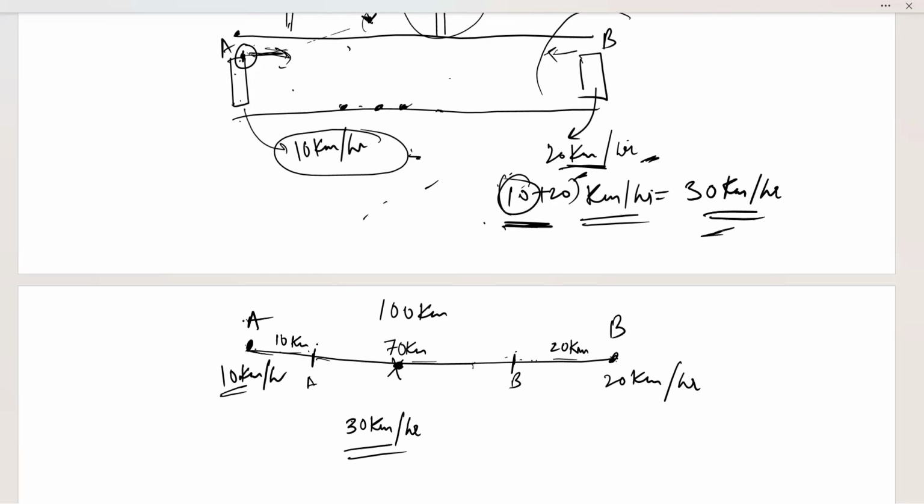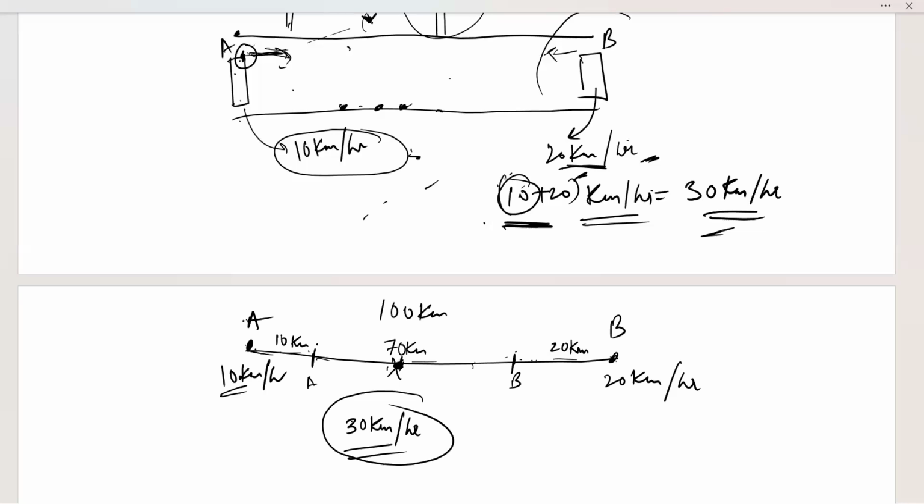Of course, both will not have traveled equal distance, but I'm not commenting on that. They will meet at the same time at the same point, and by then together they would have covered the entire distance. And the rate at which they cover the entire distance is this.